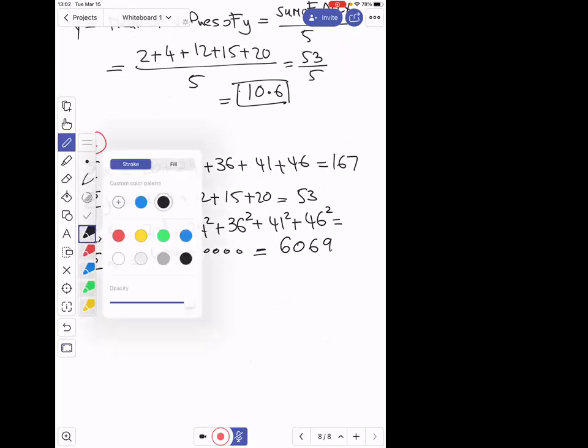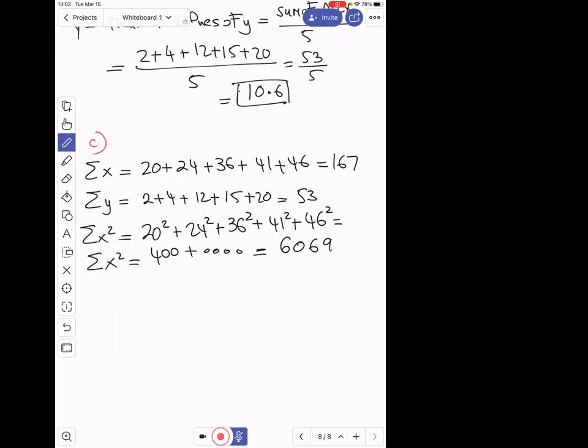Professor, the top is adding the x's, right? And then it's the same thing for y. And then it's the sum of the x squared, so I'm squaring the numbers.